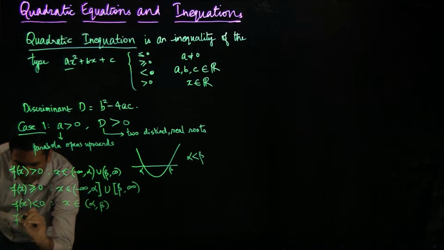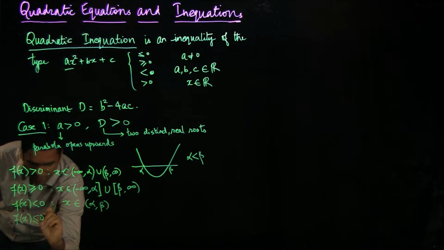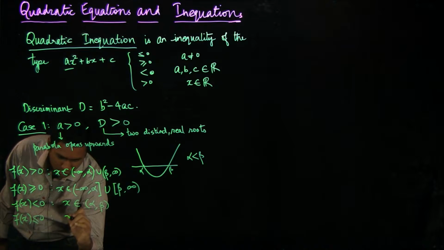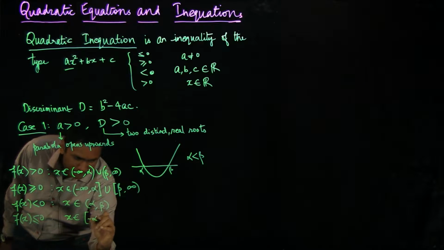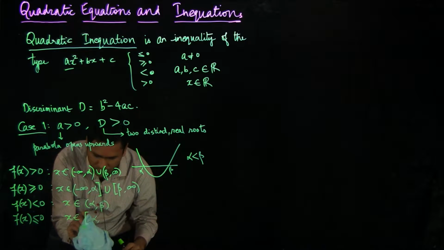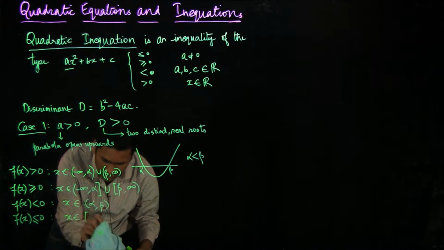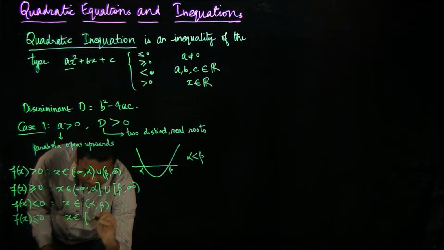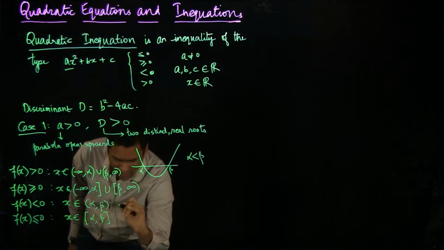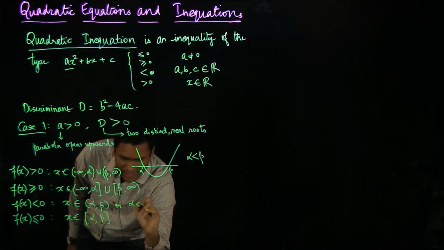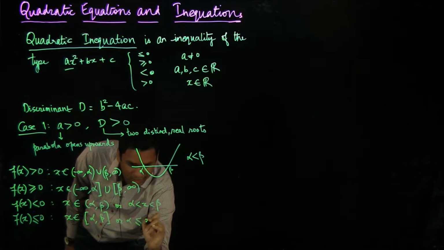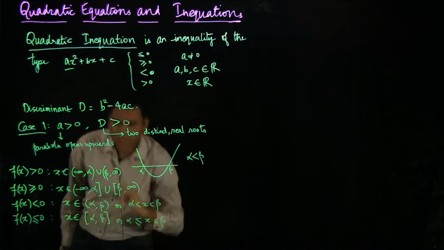And if f(x) is less than or equal to 0, then it means we can include both alpha and beta, so you can use square brackets. So another way of writing this is alpha less than x less than beta, or alpha less than or equal to x less than or equal to beta.